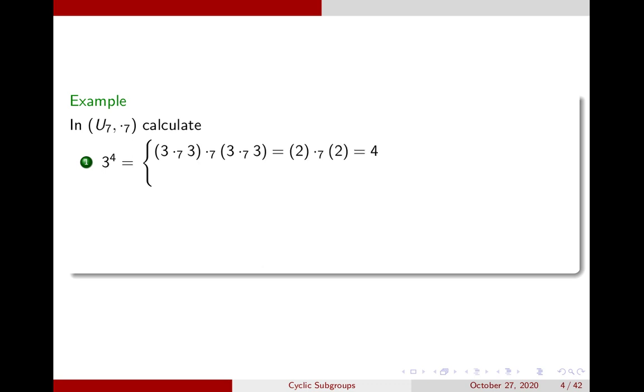That would be a 2. And then you would multiply 2 times sub 7 2 to get 4. Another possibility would simply be to calculate 3 to the 4th using ordinary exponentiation and then take the answer mod 7. 3 to the 4th is 81. 81 mod 7, the remainder when you divide 81 by 7, is 4.